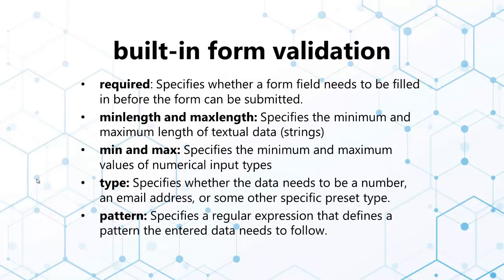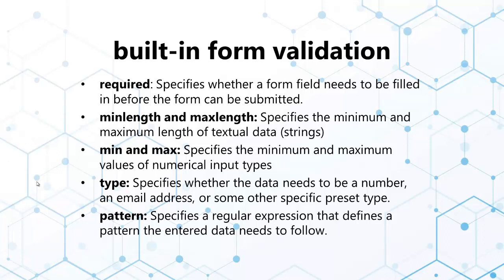So, built-in form validation, the attributes we use to set in the elements, like I said before, are required. This is used when we want an element not to be empty. The minlength and the maxlength set the minimum and maximum length that a string should have. The same is with the min and the max, but with numbers.